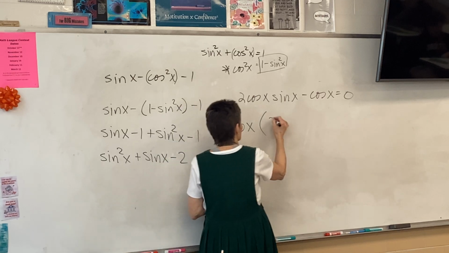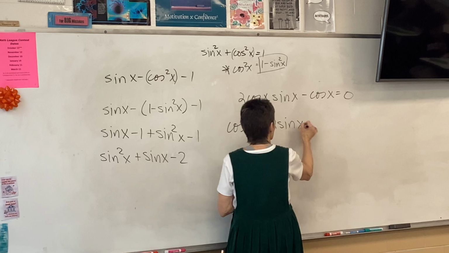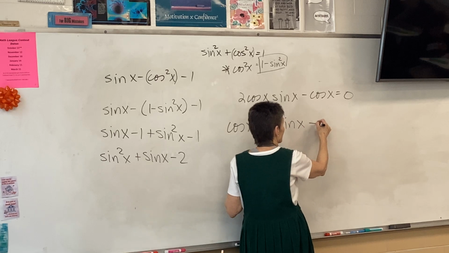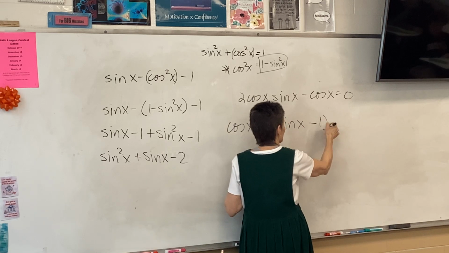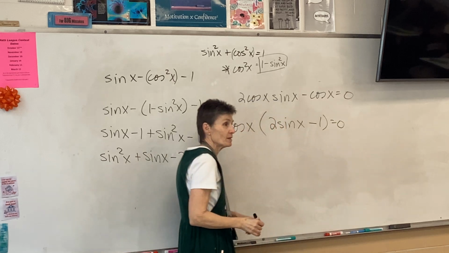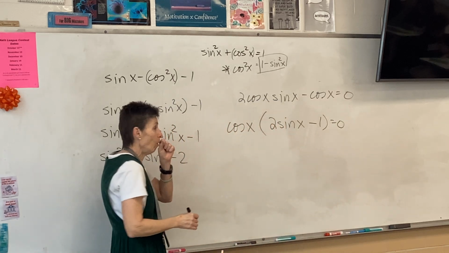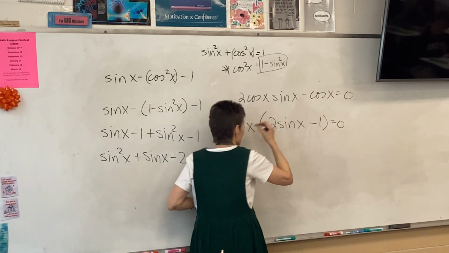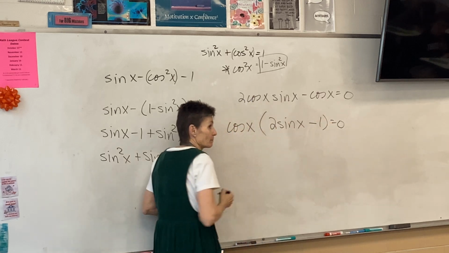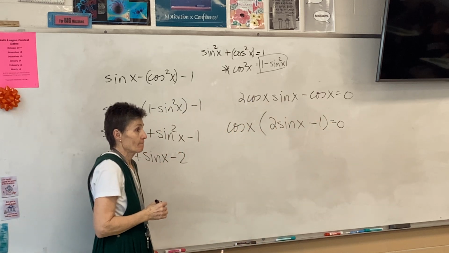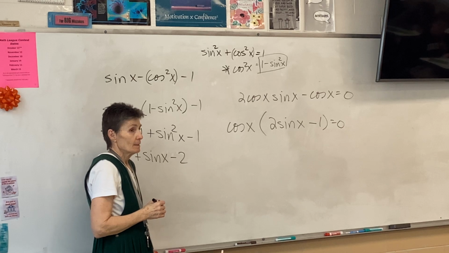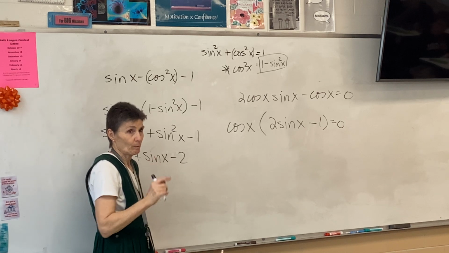2 sine x minus 1. Guys, when you factor out the whole thing, you have a 1, right? So when you distribute it back, see how that gives you your cosine? Think about a regular algebra problem.